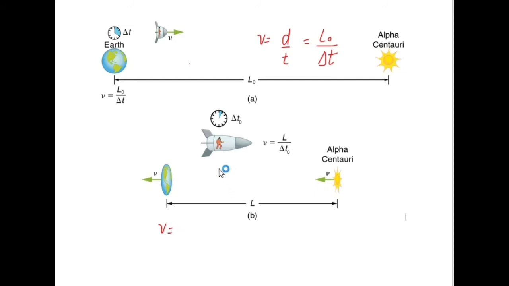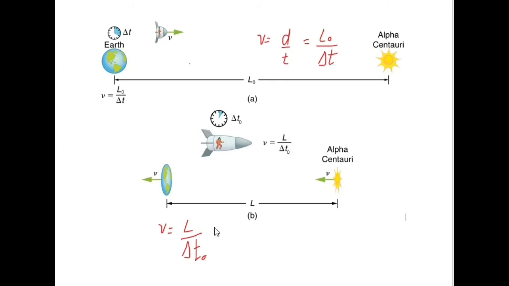But this time, what he observes is the length, or this is the distance that the astronaut observes. So we have L. But the time he will use is his time inside the spacecraft, which is the proper time, delta t naught. Okay, do not be confused with that.